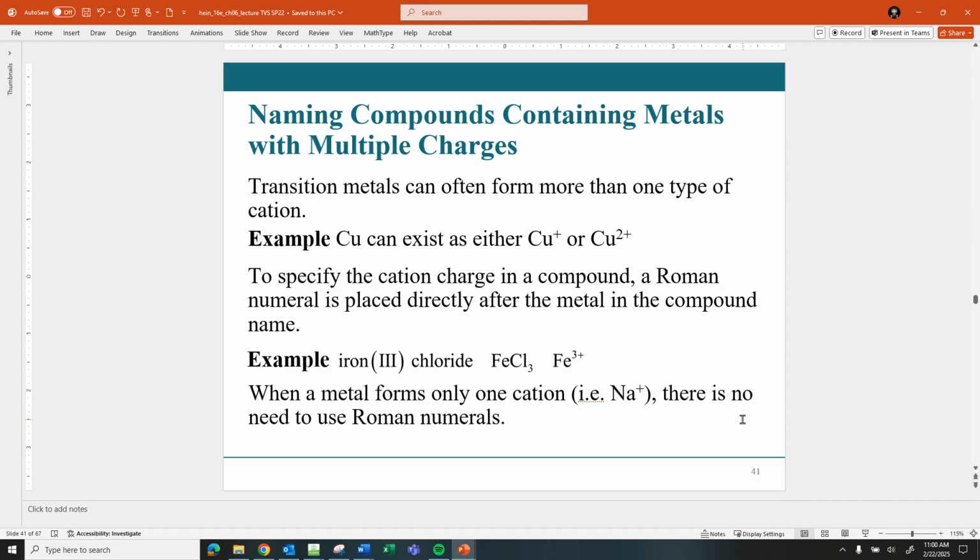However, you're not going to have to know every single element in the transition metal with multiple charges. If I put something on my test that is not on the ion chart, I will put it on the ion chart and copy that off and give that to you for the test. You will not be using your own ion chart or periodic table.